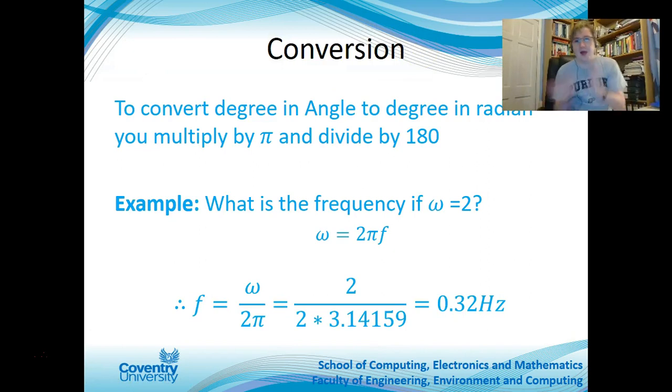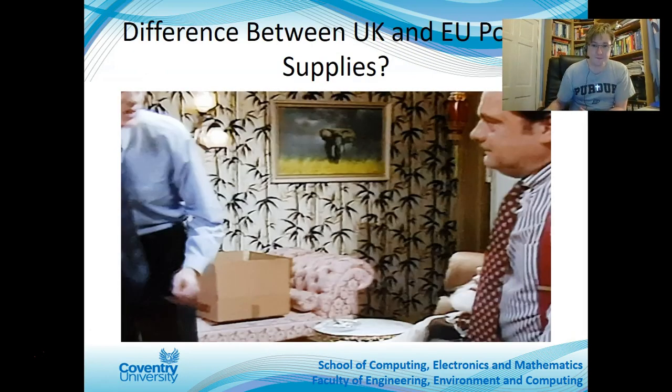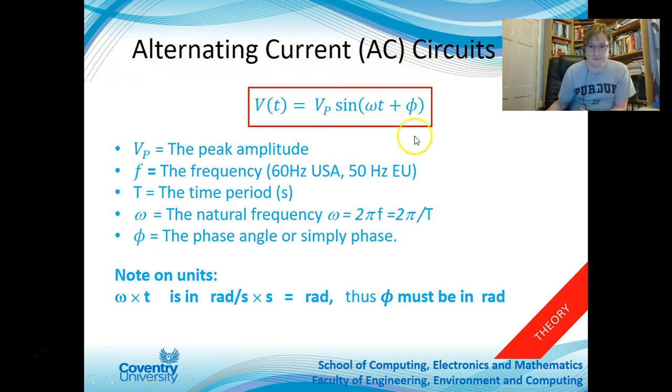Okay, so the phase shift that we mentioned here, this phi term, can be measured in either degrees or radians. So when you're doing your calculations, make sure that your calculator is set to the correct mode, and there will be some instances that we'll talk about in this video.